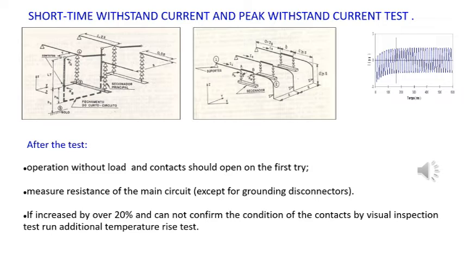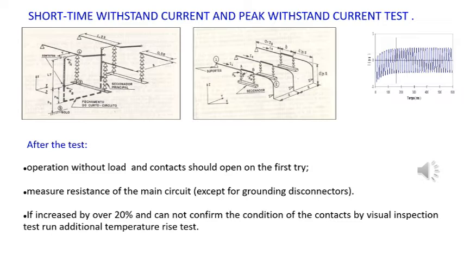For example, if the equipment did not go well in the test, the contacts may be firmly connected, even soldered by the very high currents and very high temperatures inside. If you cannot do the operation without load, this means that the equipment did not pass the test. This would occur in the substation also.